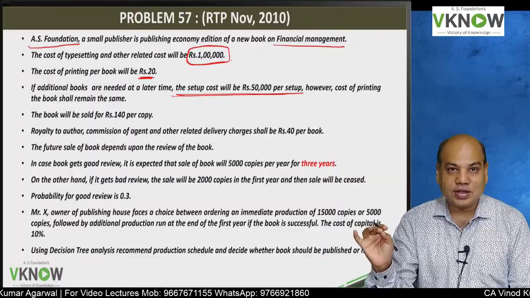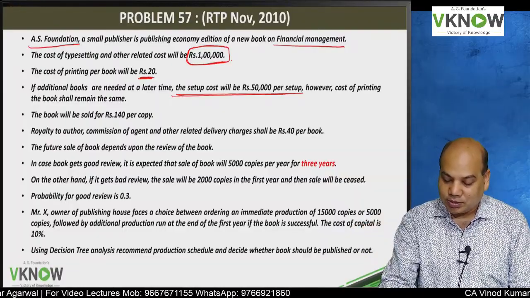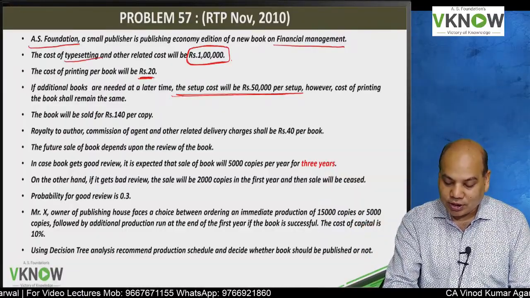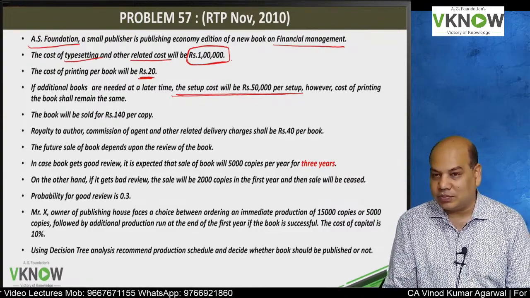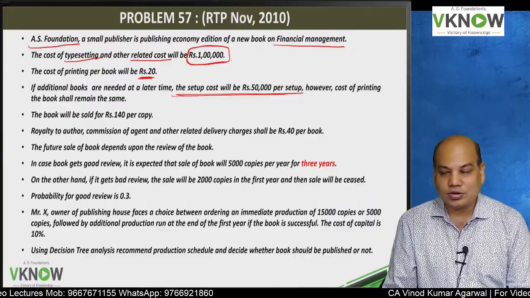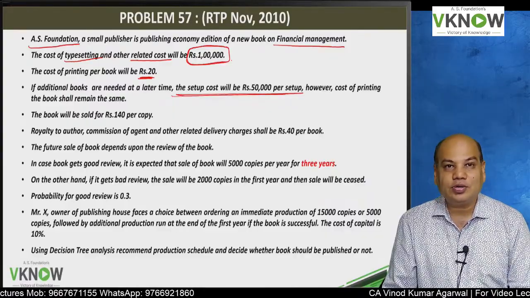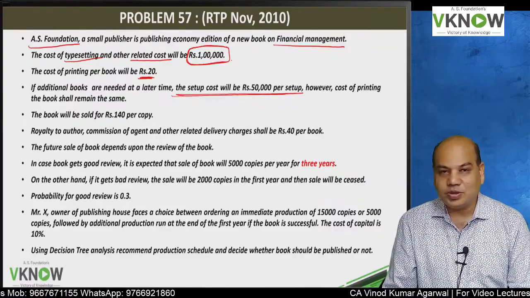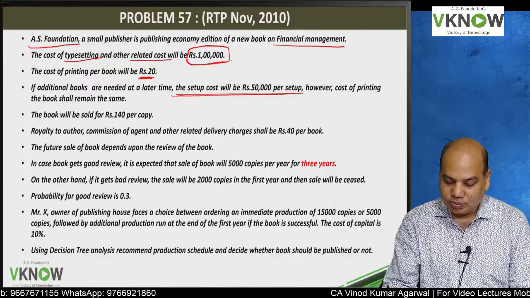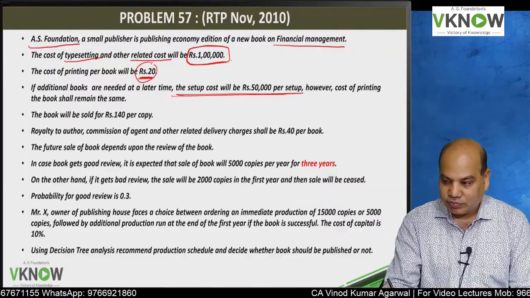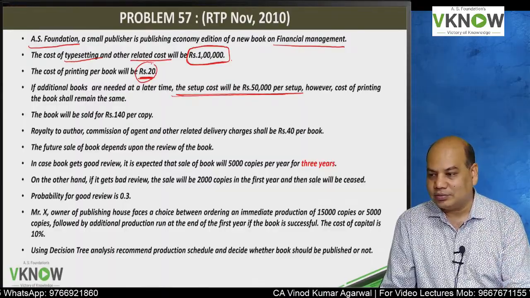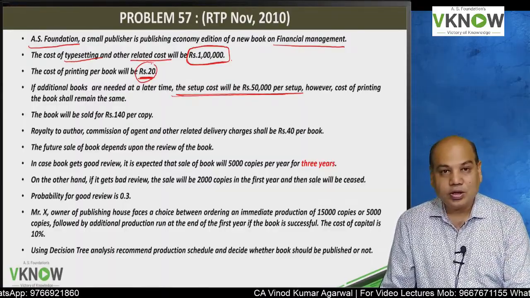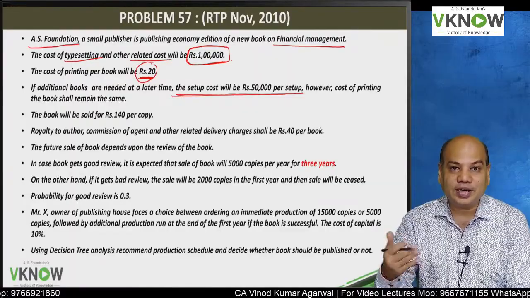But the question is, as I said, old question, and that time the printing used to require typesetting and certain other related cost to begin printing, which was a one-time fixed cost. Once you incur it, you can print as many copies as you want. Printing cost is variable per book because it will require paper, glue, binding. That is 20 rupees.